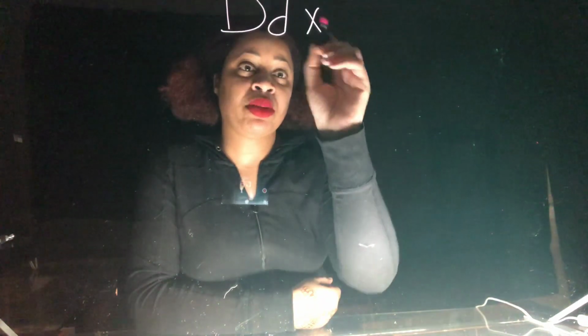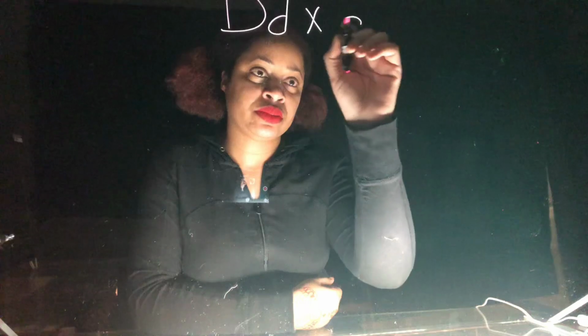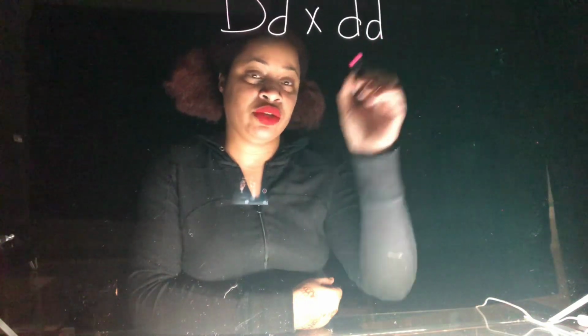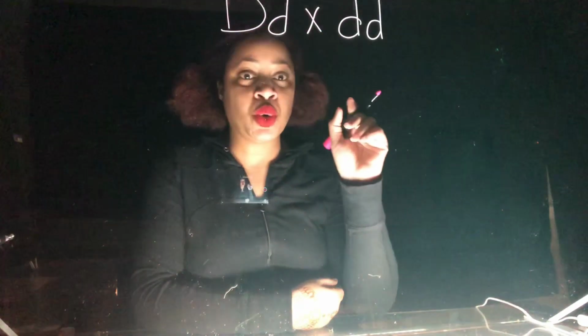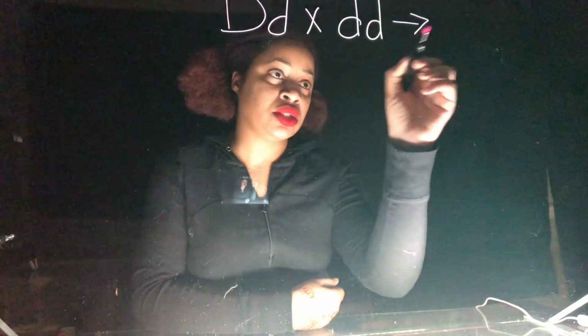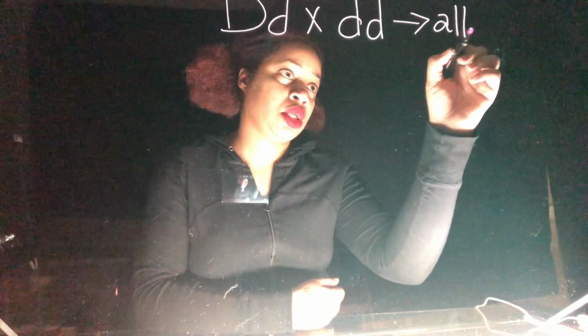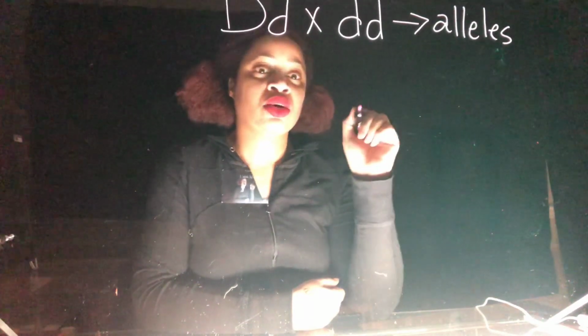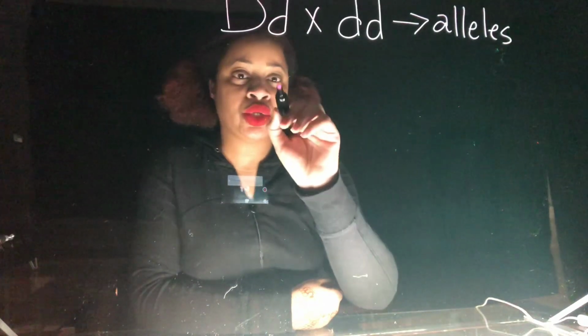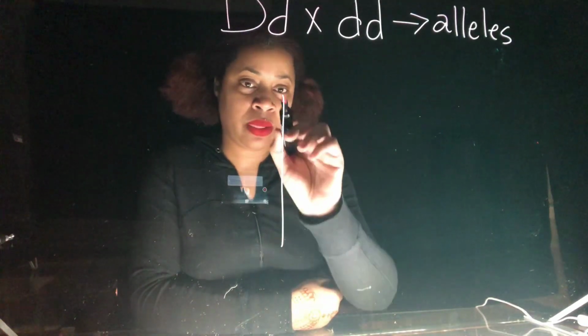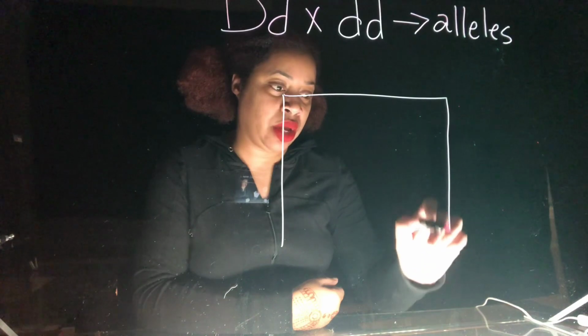And we're going to cross that parent with a parent who does not have dimples, right? Now, since we have 4 alleles, which is what this is called, right? So we have 4 alleles. With these alleles, we're going to make our Punnett square.